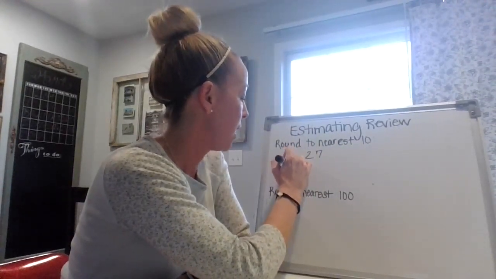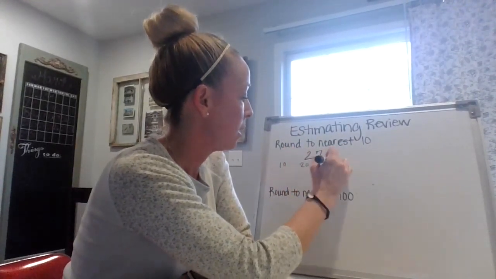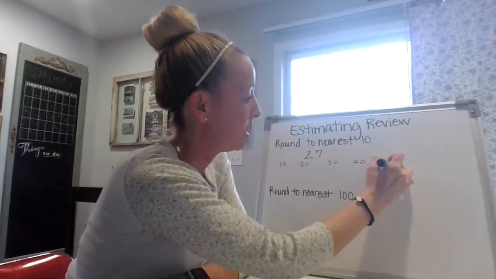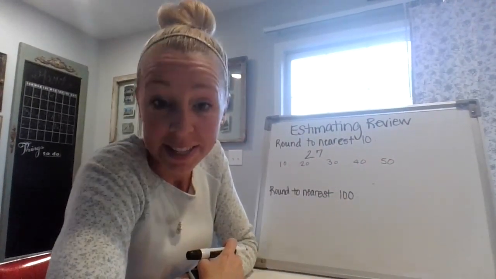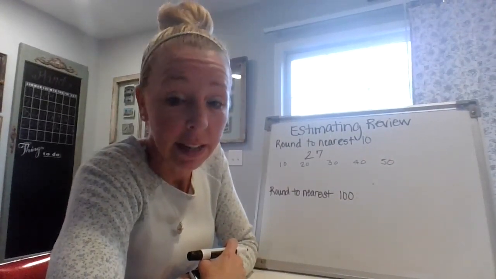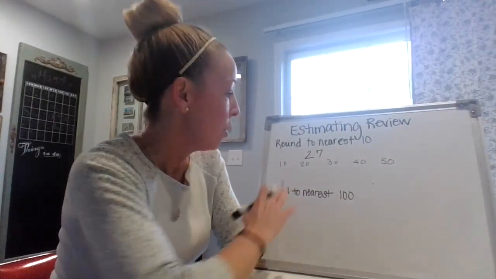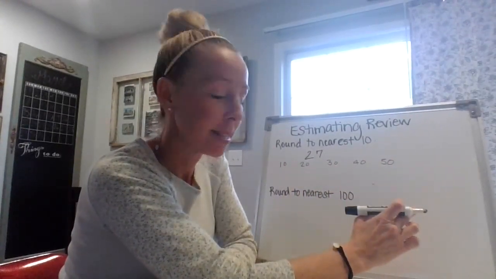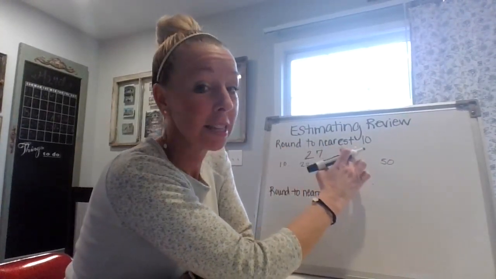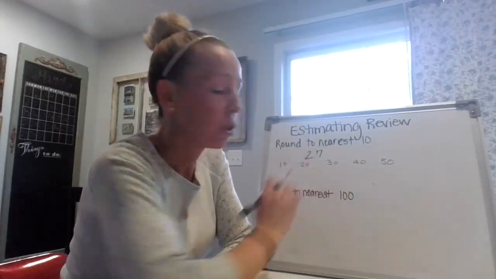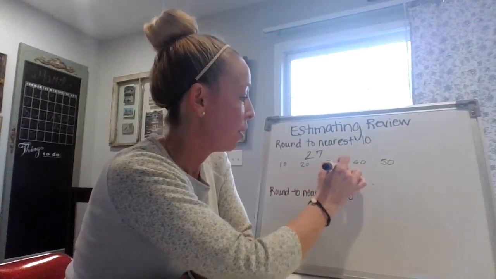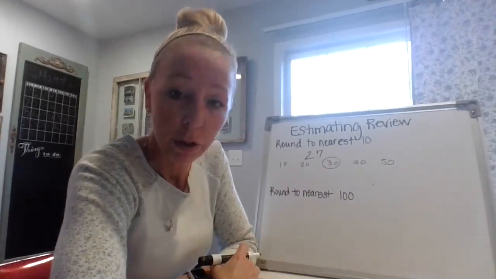So let's see, we have 10, 20, 30, 40, 50, 60, 70, 80, 90, 100. Which of these numbers that we say when we count by tens is 27 closest to? If you said 30, you're right.